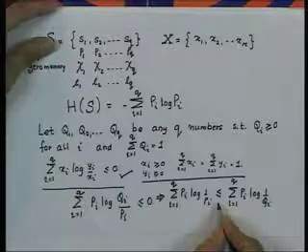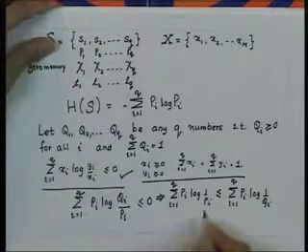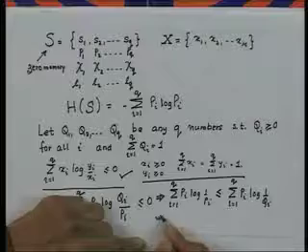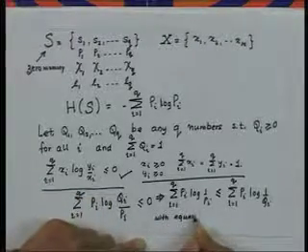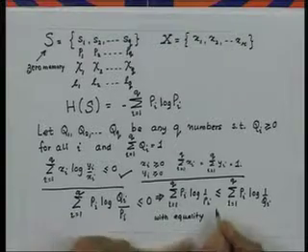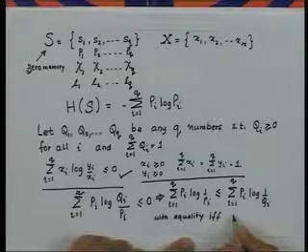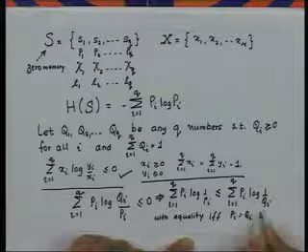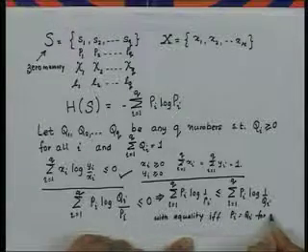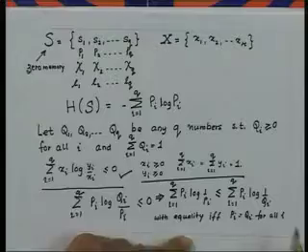Now, this will be equality if and only if Pi is equal to Qi for all i.